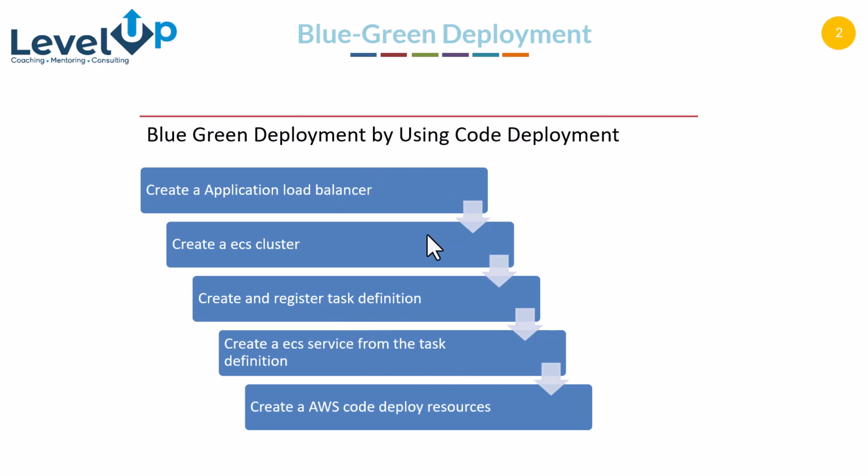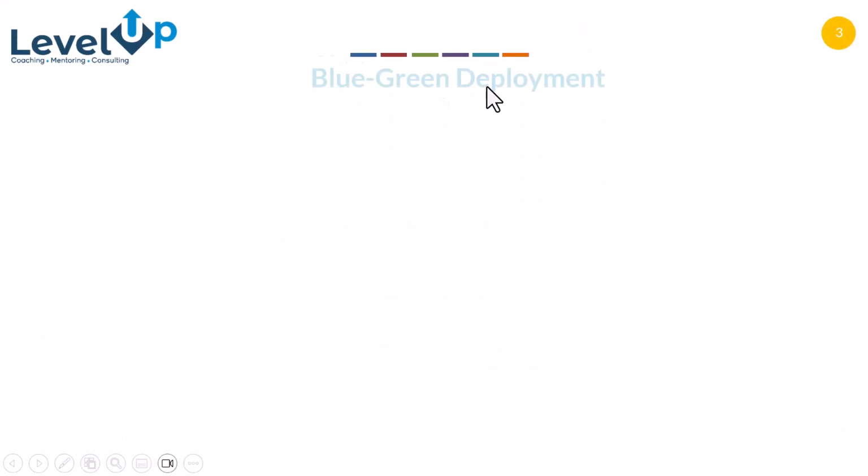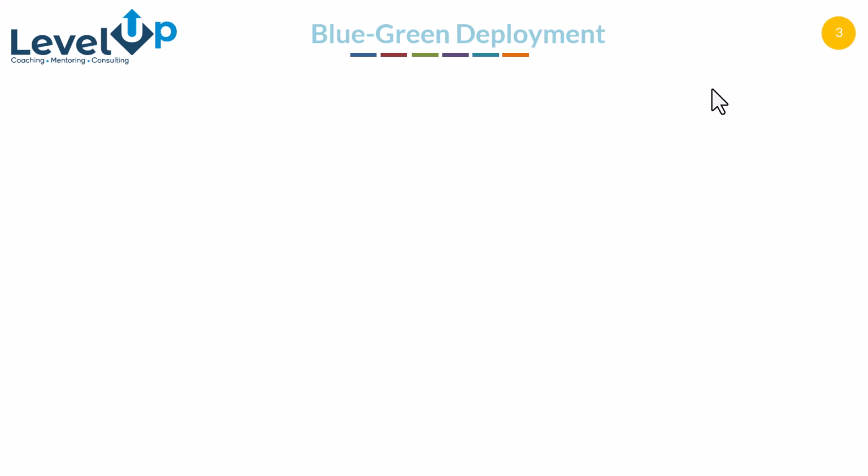for ECS. Now, before going further, first of all, let us try and understand what a blue-green deployment is. We can simply call a blue-green deployment a software release strategy that is used to minimize the downtime and minimize the risks associated with deploying a new version of an application.